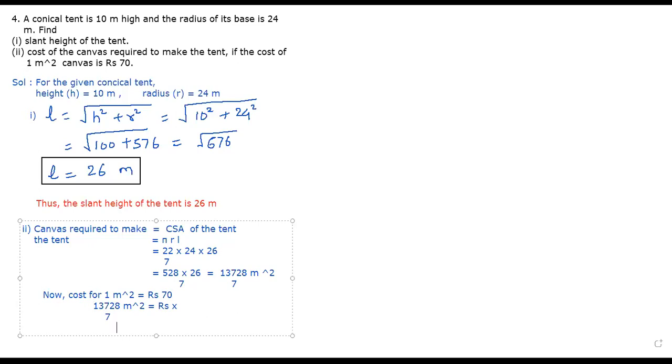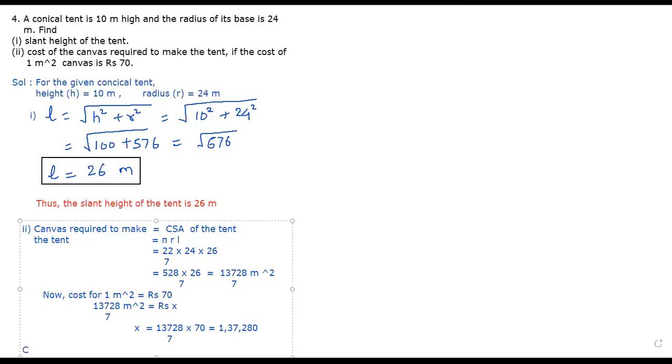So X is equal to 13728 upon 7 into 70. The 7 and 70 cancel, and ultimately 13728 with a 0. That makes 1,37,280 rupees. That much is the cost of the tent required.